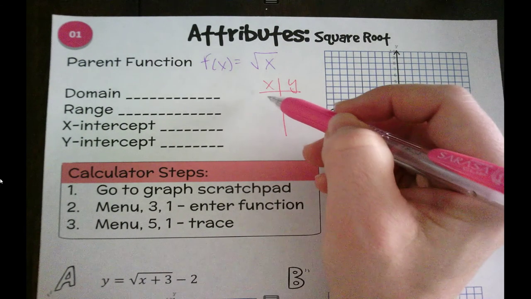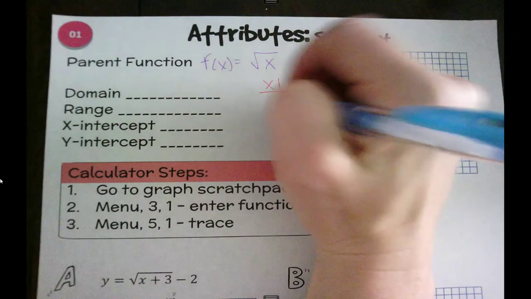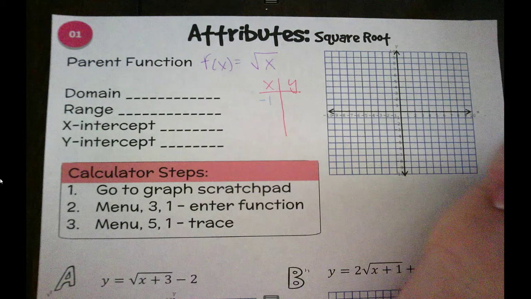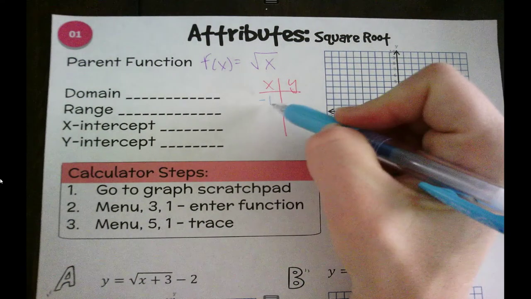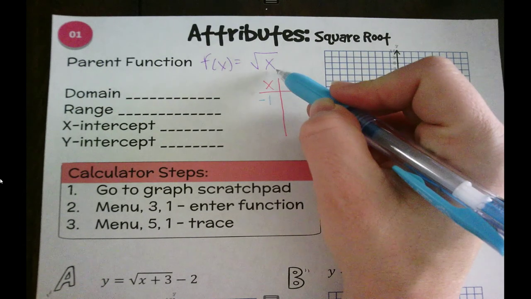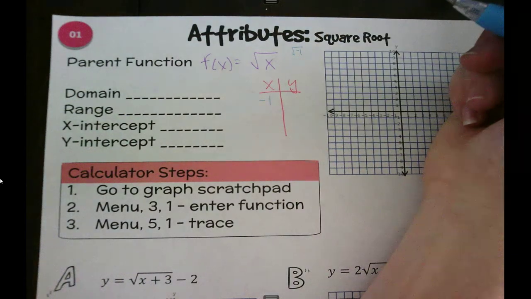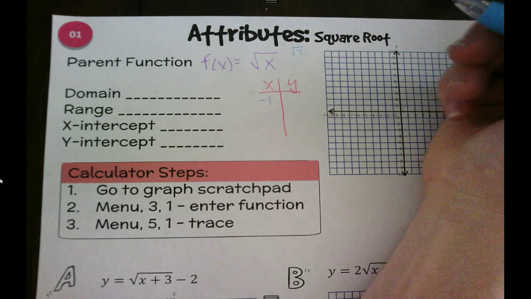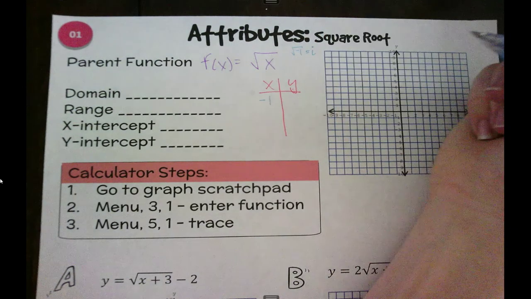Remember, we pick an x. I like to do -1s and 0s and 1s, remember? And then we put it in, and we get our y. So if I put in the square root of -1, remember that negative underneath that square root is an imaginary number.